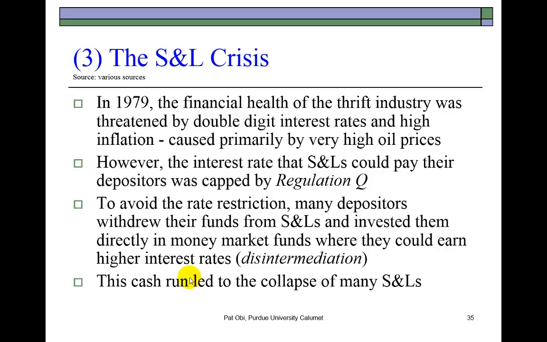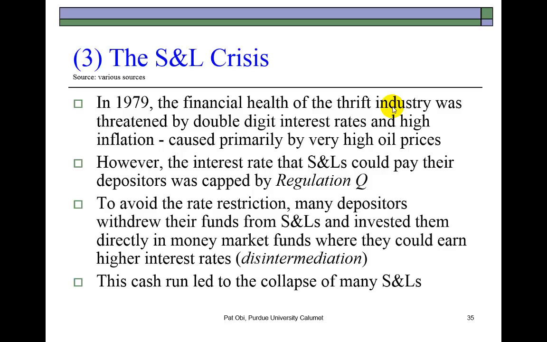So, continuing, the third financial crisis was the savings and loan crisis of the late 1970s, early 1980s. Now this was a crisis that was centered in the thrift industry. The thrift industry consists of the savings and loans, savings banks, and credit unions. But primarily, this was a problem with the savings and loans.